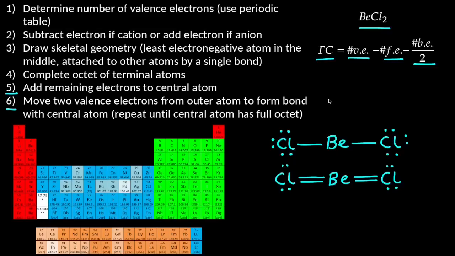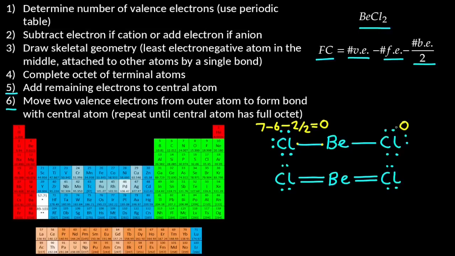So from the periodic table, we know that chlorine has 7 valence electrons, and we have 6 assigned electrons, and then minus 2 electrons per bond, divided by 2. So basically the concept of formal charge assumes that those electrons are shared equally between the bonded atoms.